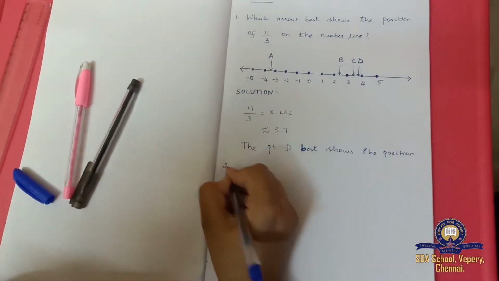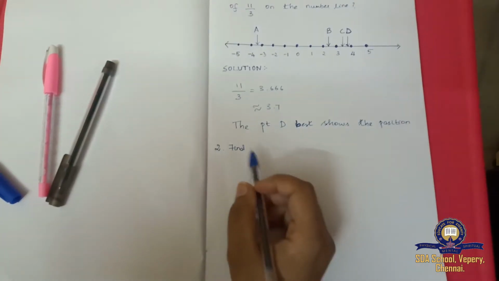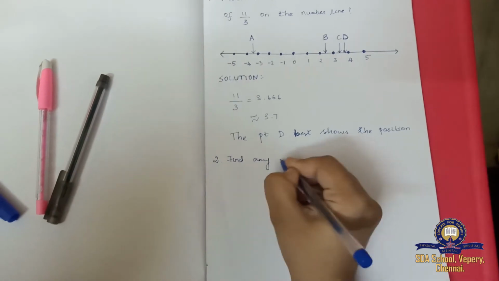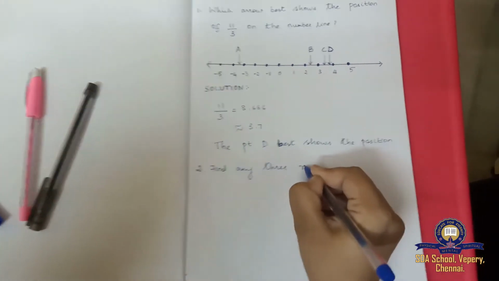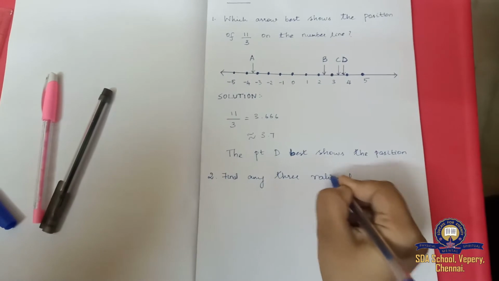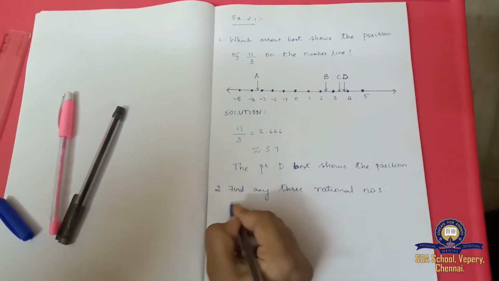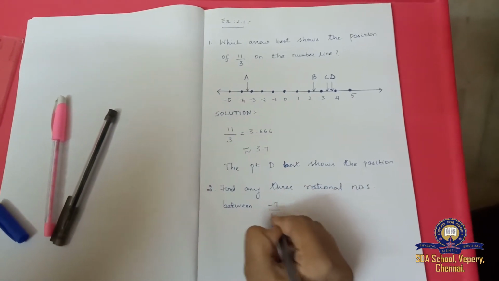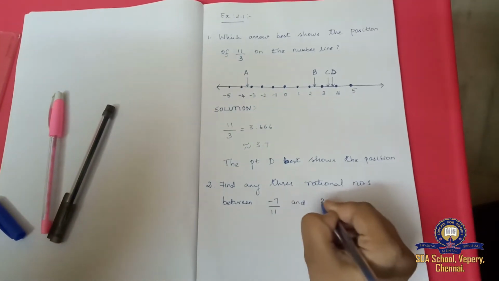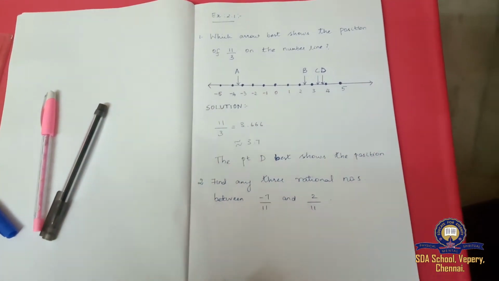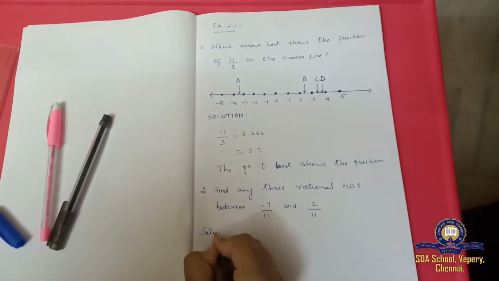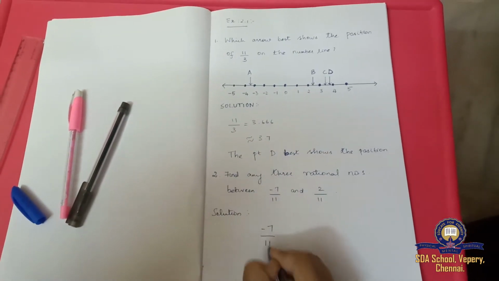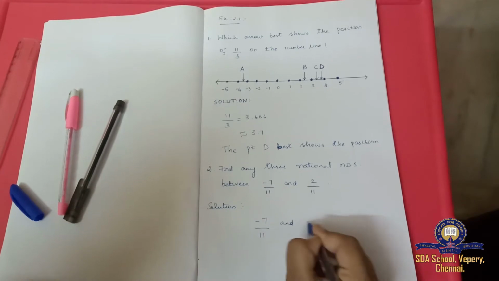Now let's move on to the second question. Find any 3 rational numbers between -7 by 11 and 2 by 11. This is very easy. First of all, you have to look into the denominators of both, that is -7 by 11 and 2 by 11.